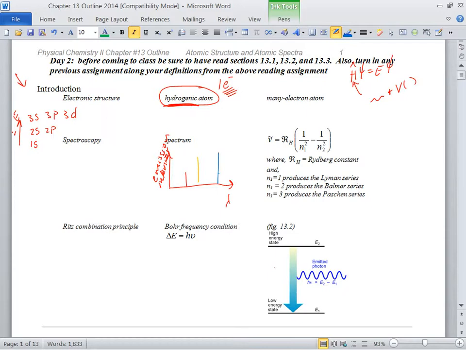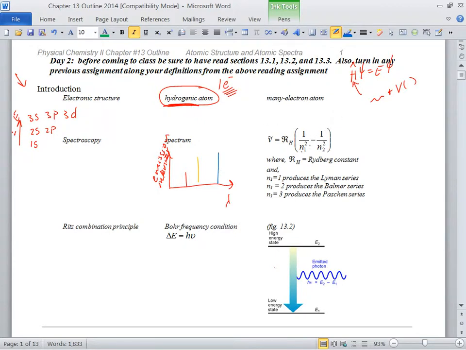Do you see these different lines? This is all just for the hydrogen atom. And some high school teachers actually figured this out. They found that there's this simple numerical relation between the different lines.